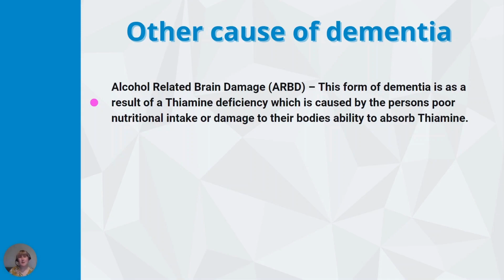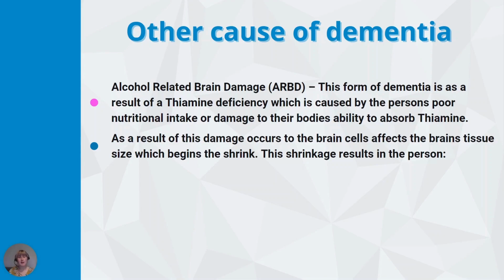With less thiamine present in the bloodstream, the stomach and your food, this will start to affect the brain tissues, and they begin to shrink, similar to the atrophy that we discussed in Alzheimer's. Also, somebody who is undernourished because they're not eating or drinking well, because they are drinking consistently, could have a thiamine deficiency as well.